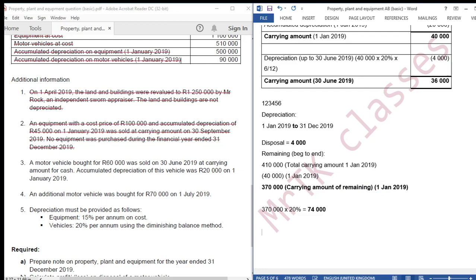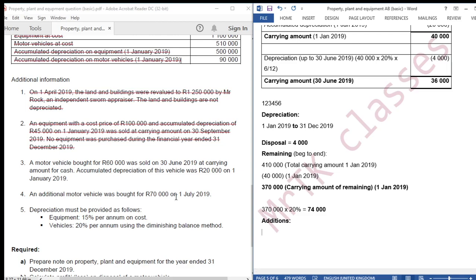Then we need to calculate depreciation of additions. This is going to be very easy.